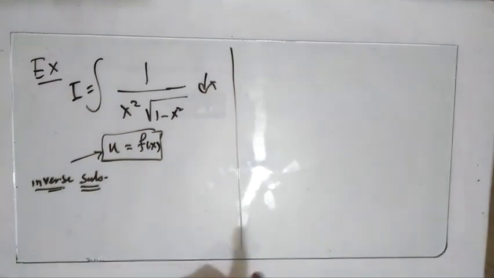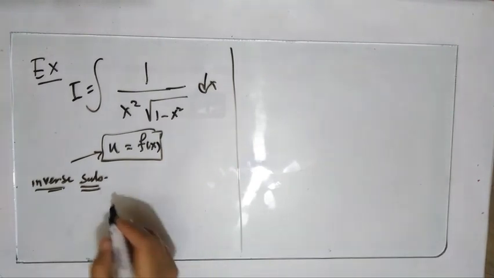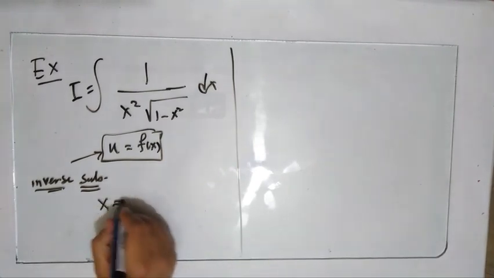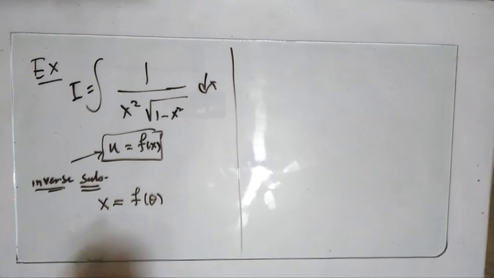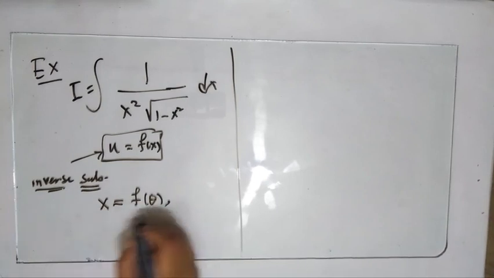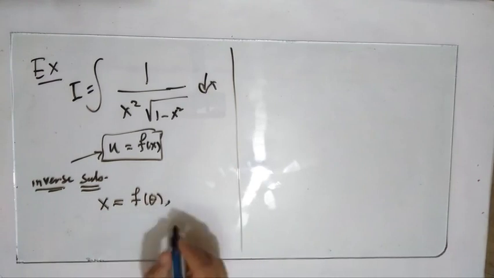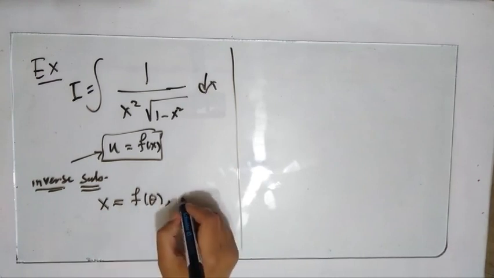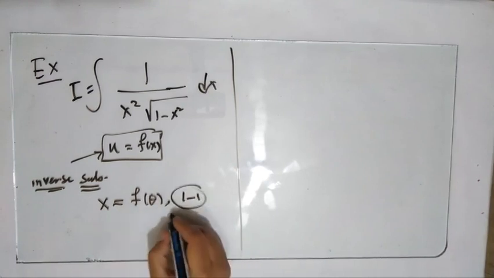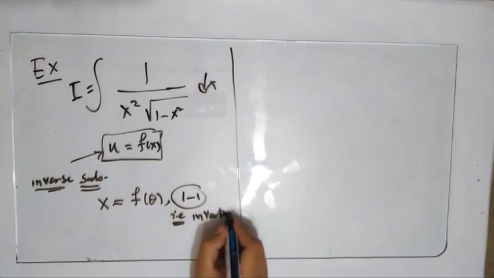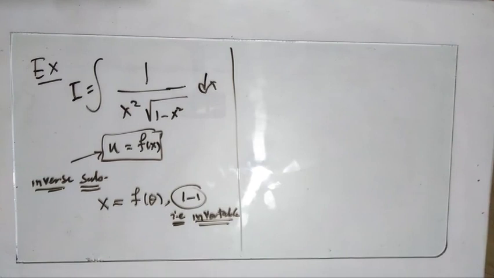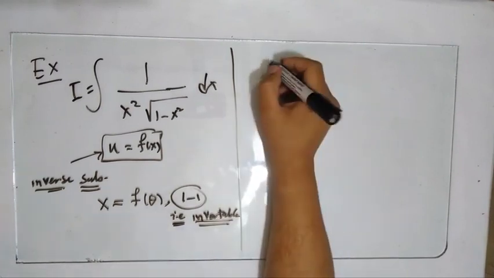Now you know the inverse function, so we will define x to be a function in a new variable, which is theta, and we will put some restrictions on theta such that this function is one-to-one, I mean invertible. So here we're going to use this substitution.